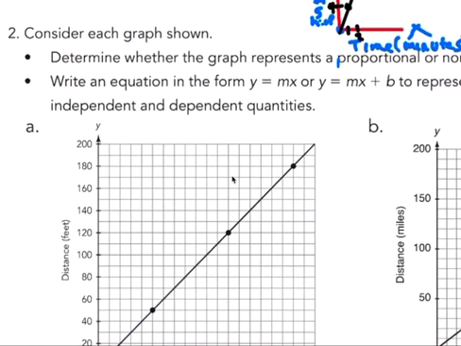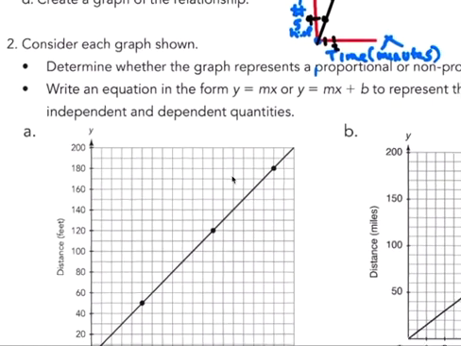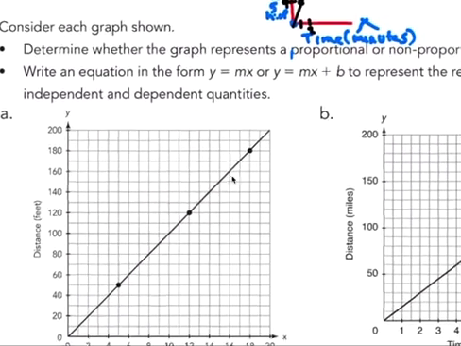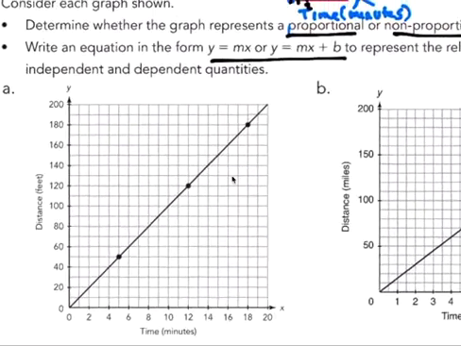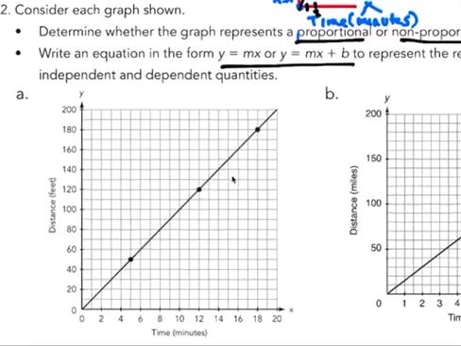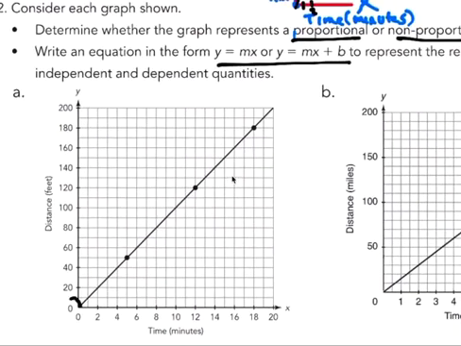Consider each graph shown. Determine whether the graph relation is proportional or non-proportional. Write an equation to represent the relationship between the independent and dependent quantity. This goes through the origin, so it is proportional.